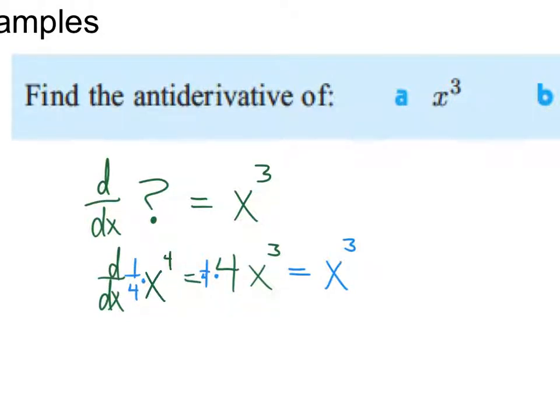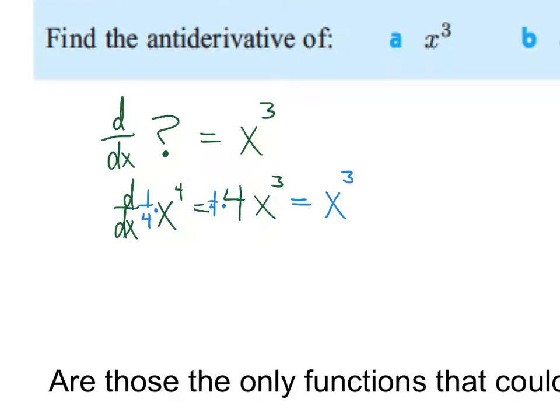So here's what we can say. I'm going to use the notation for the integral. The integral of x cubed dx. Notice I'm not putting bounds on it. I'm just going to find the antiderivative. The integral of x cubed dx is x to the 4th times 1/4. Or you could say 1/4 x to the 4th or x to the 4th over 4.